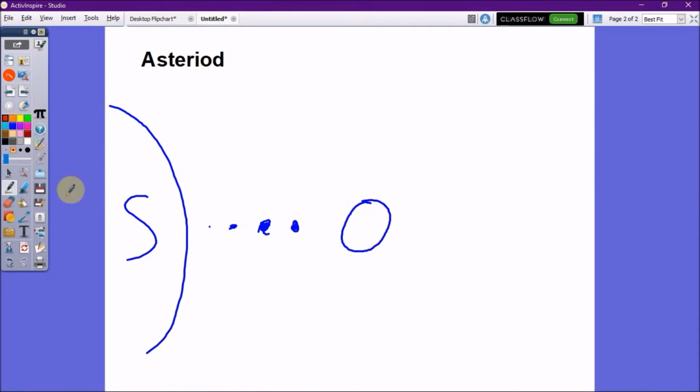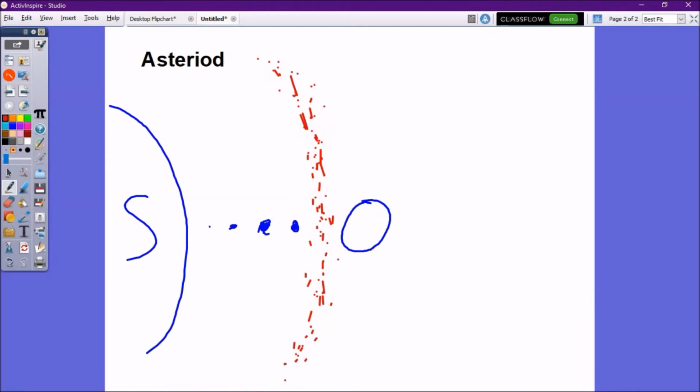All right, asteroids. Asteroids are generally going to be found in this area here. Just like the planets, they are also orbiting the sun. Okay, and this is known as the asteroid belt.